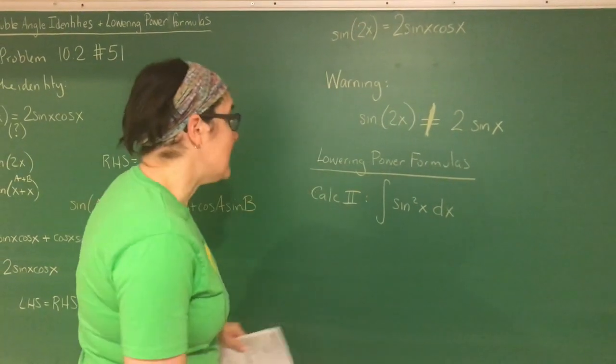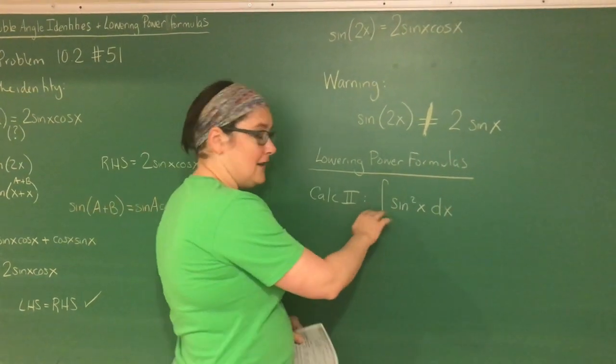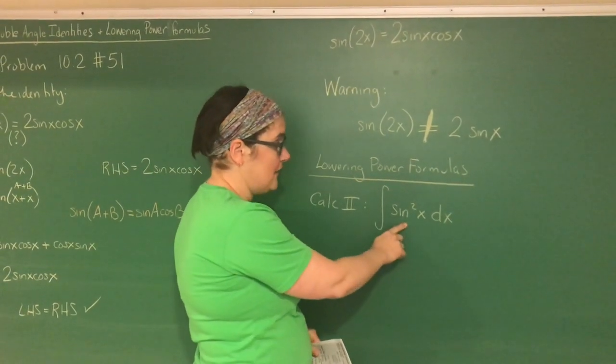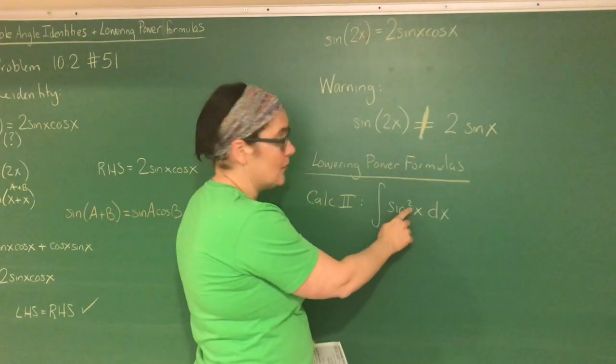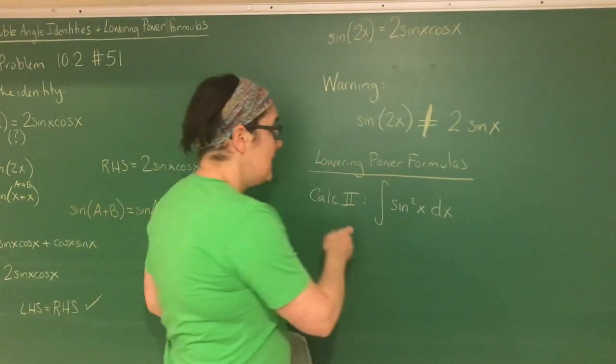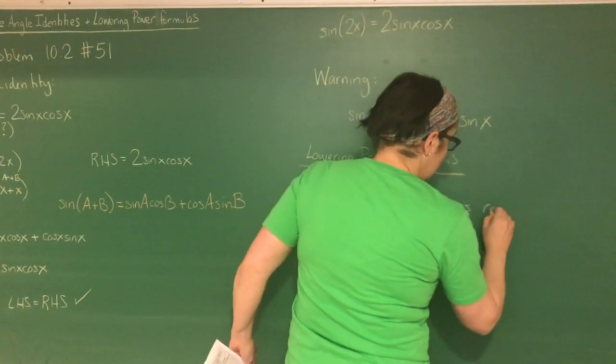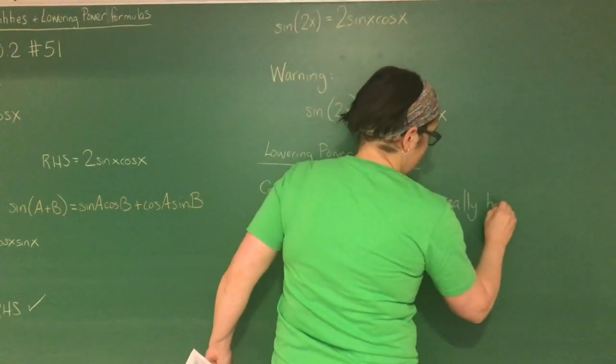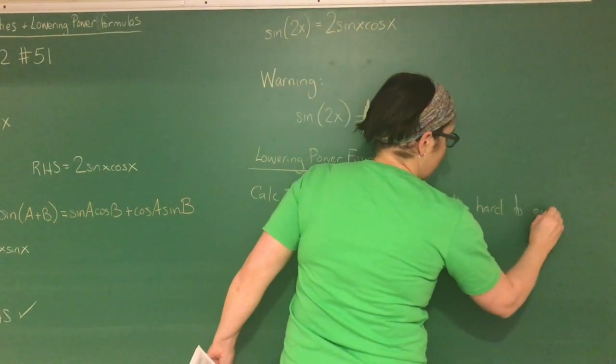Now, it turns out that when you have an integral like this, and you have a sine or a cosine function that's raised to a power, especially an even power like 2 or 4 or 6, then this integral is really hard to evaluate.